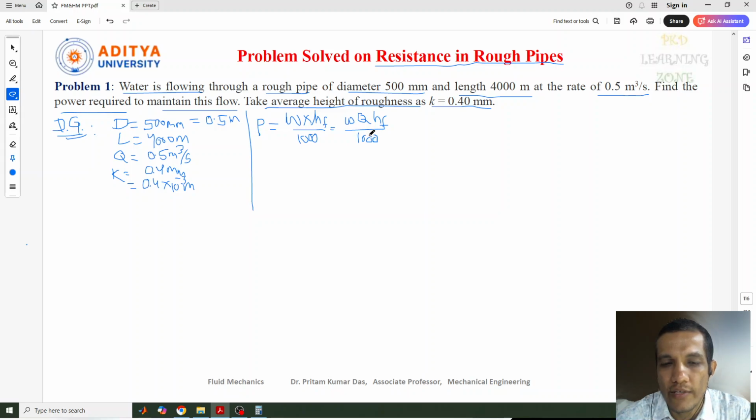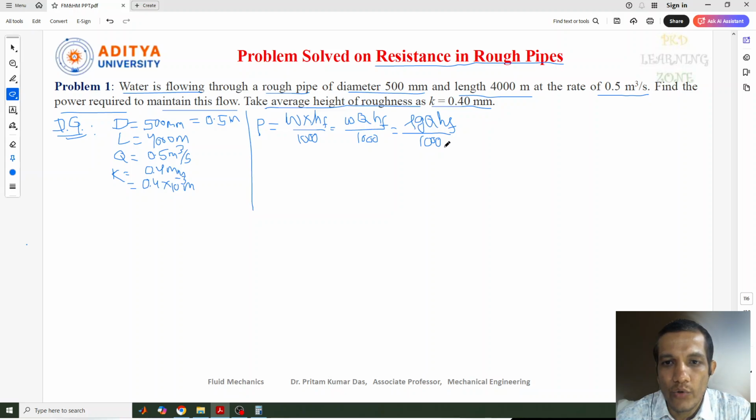This small w is the specific weight, and Q is the discharge. Again in place of small w we can write rho g, so power equals rho g Q hf by 1000. Here rho is density, g is the gravity value, Q is the discharge, and hf is the head lost due to friction.